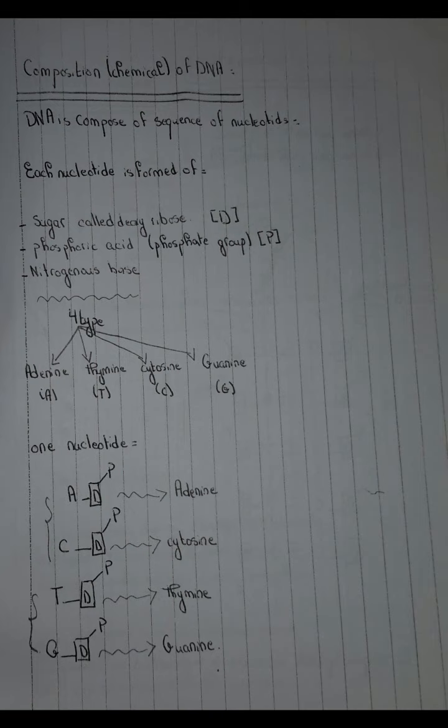C is the cytosine. The third one is T connected to deoxyribose sugar and to phosphoric acid. T is the thymine. And the last one is G, guanine, connected to deoxyribose sugar and to phosphoric acid.